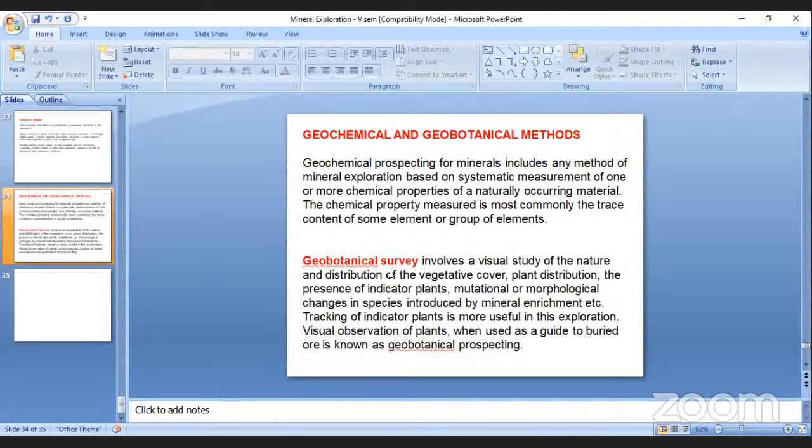Based on this geochemistry, we have a chance to do geochemical prospecting for different minerals, and to include any method for mineral exploration based on systematic measurement.